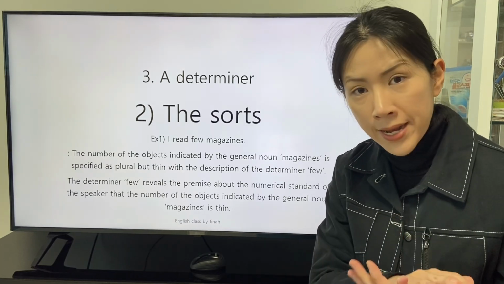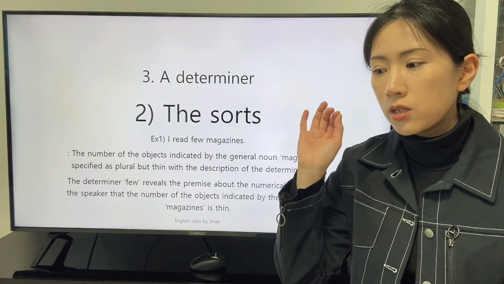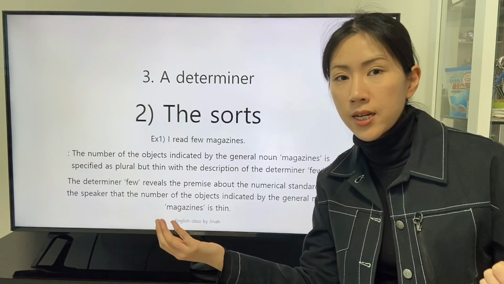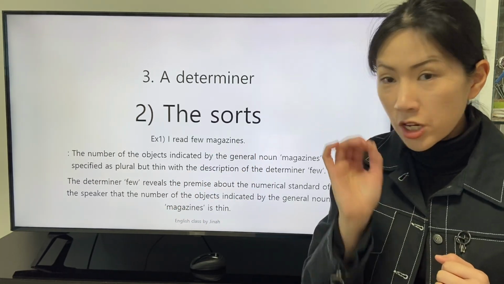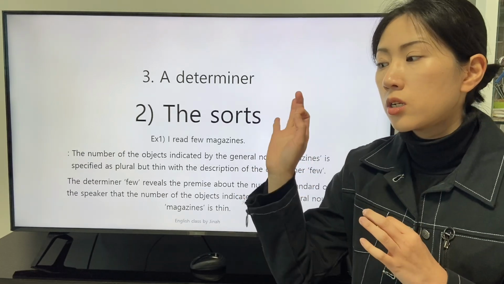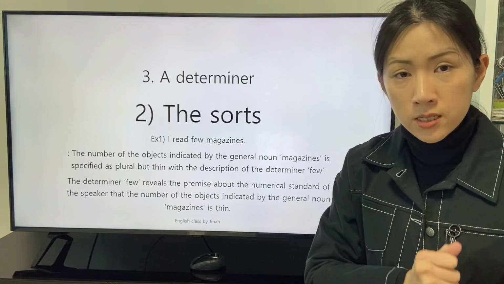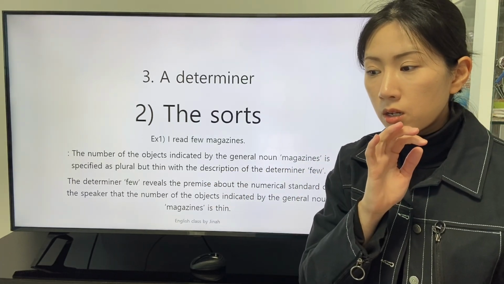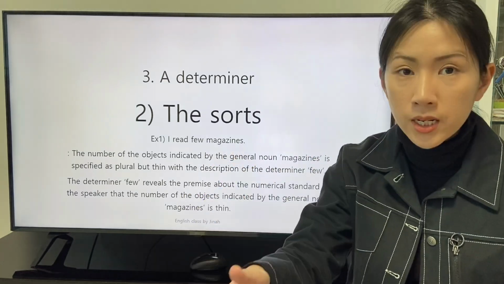The premise is that the speaker judges the number or the quantity of the object. The standard to judge the number or quantity of the object is subjective because it's the speaker who judges the number or the quantity.